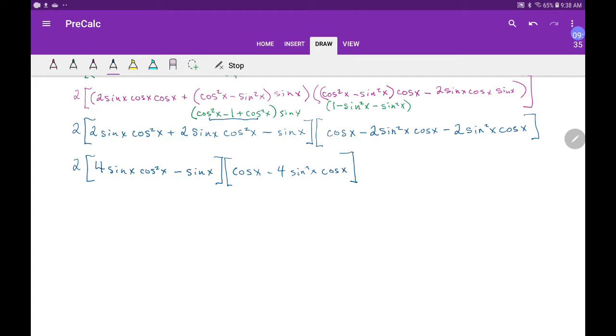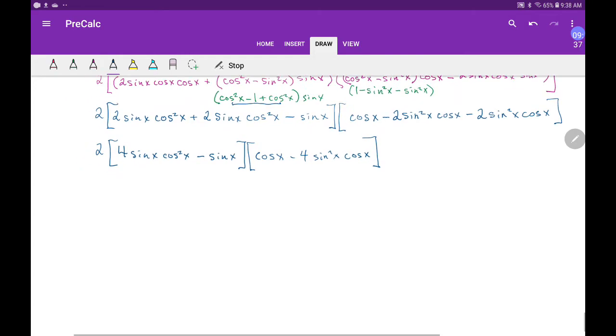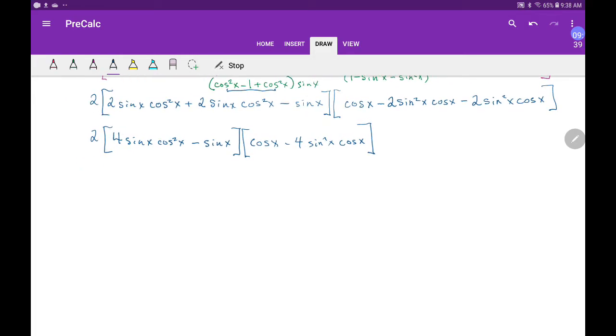Okay, now I notice I can factor out something here, and I'm going to. I can factor out a sine from the first 2, so I can say 2 sine x. And from the next brackets, both of them have a cosine, so I'm going to factor out a cosine. Everything's being multiplied together, so I can do this.